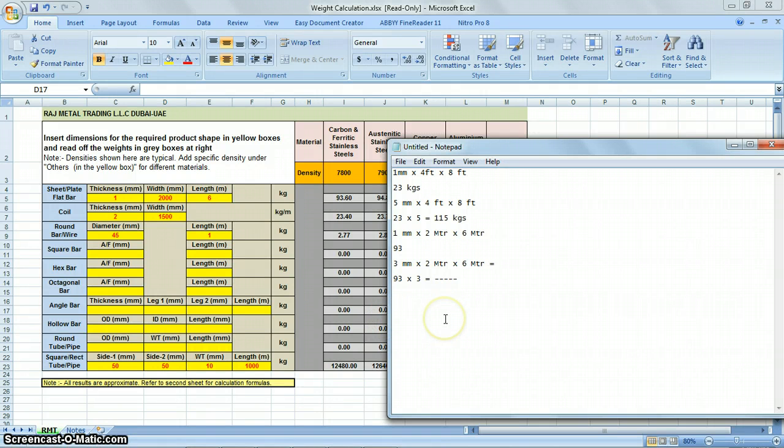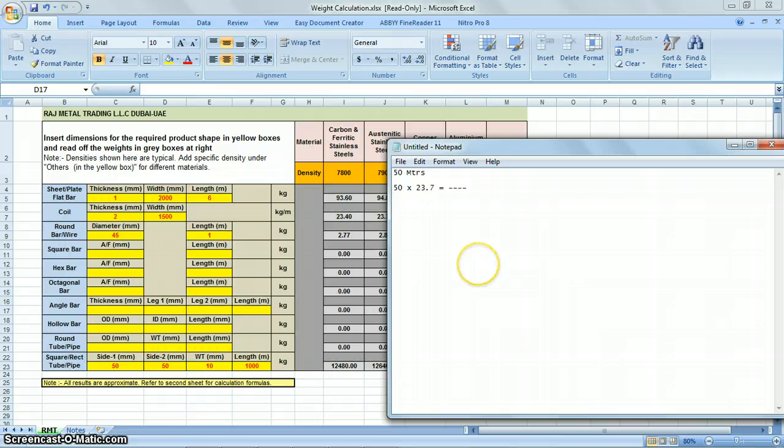So you have an inquiry for, say for example, 50 meters. Normally it's in tonnage basically, but assuming that it's in meters, you need to multiply 50 into 23.7.